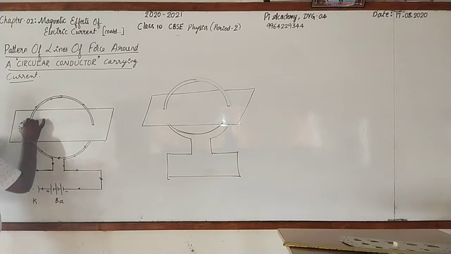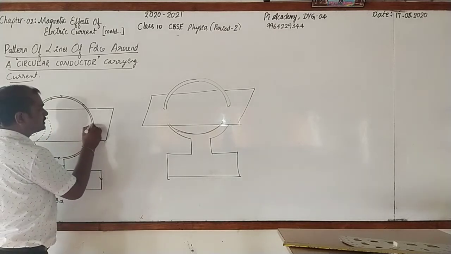Just keep observing how the iron filings are arranging. You can notice that. And can you tell what is the pattern? Yes, it is concentric circles. Here also, circles having the same center with different radii. What about at this end?